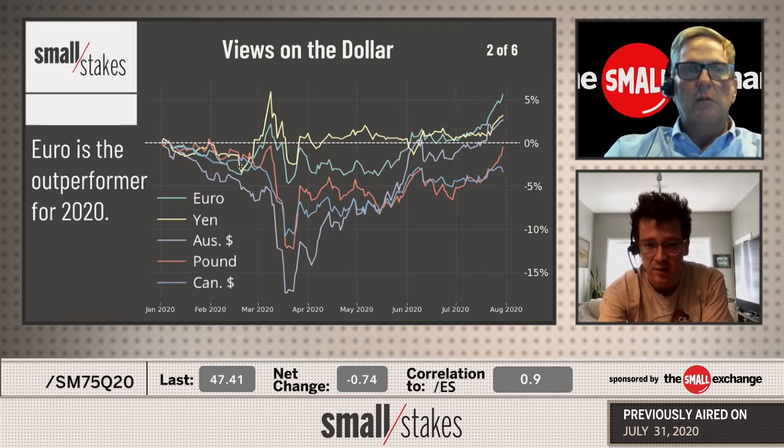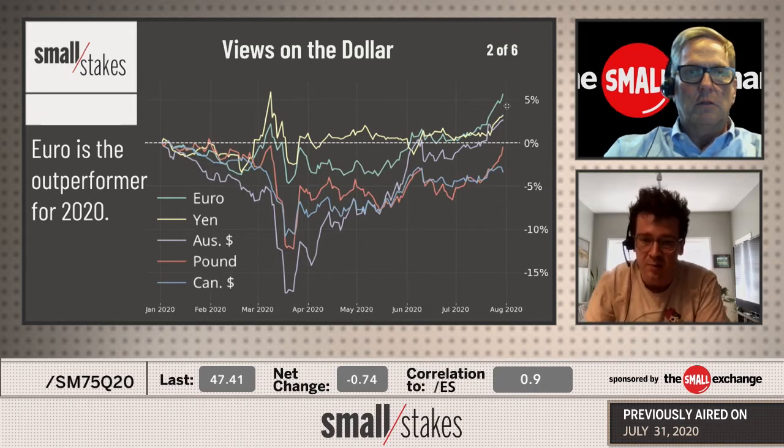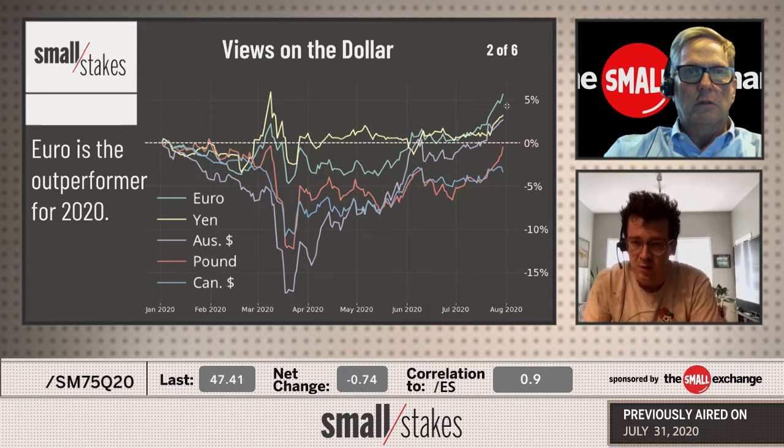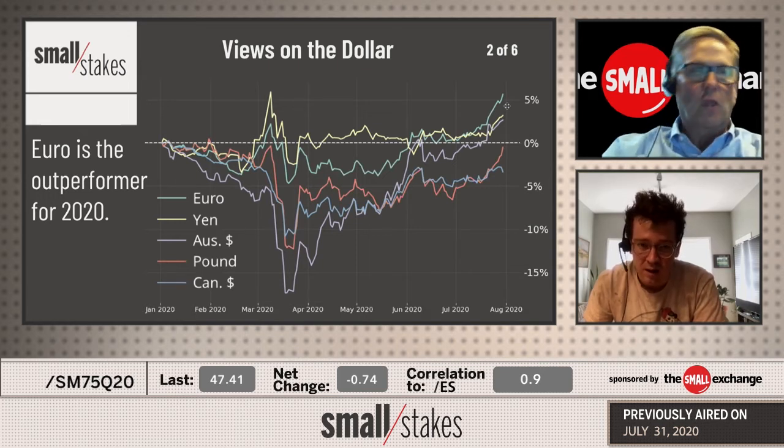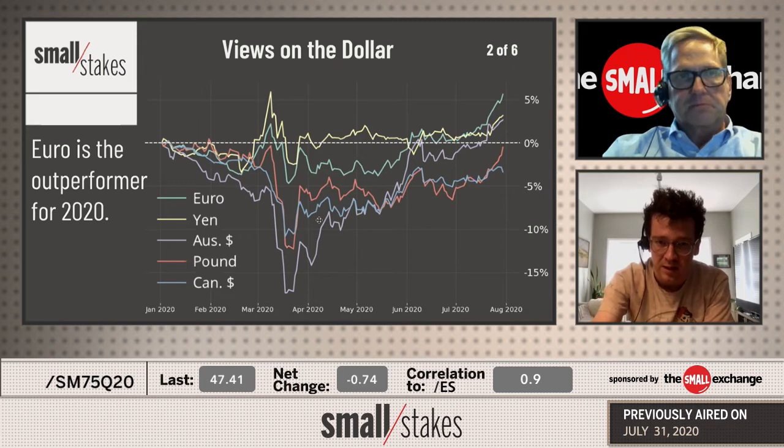It started off the year as one of the weaker performers, as you can see, underperforming these other 3 currencies, but not doing as poorly as the Australian dollar. It has staged a big comeback and is now up over 5% on the year relative to yen and Aussie. That's up a few percentage points on the year. And then the pound and Canada just can't get back to unchanged given the selling in mid-March.